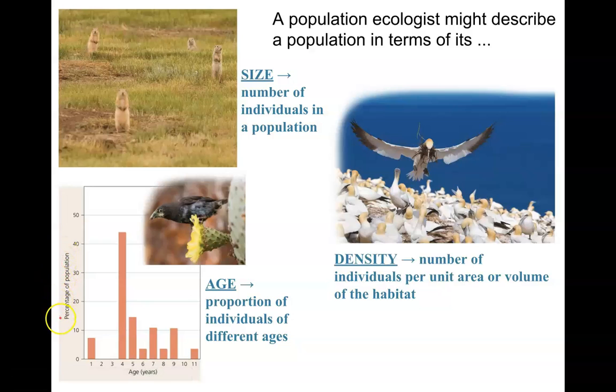So this is telling me how much of that population is going to be what's graphed on the x-axis, the age. So 1-year-old cactus finches, a little under 10%. Let's give that about 8% of the population.